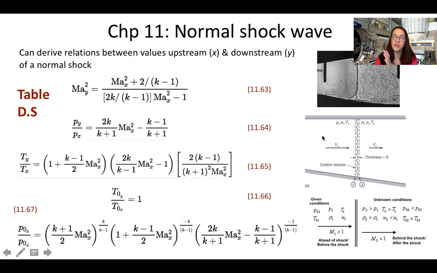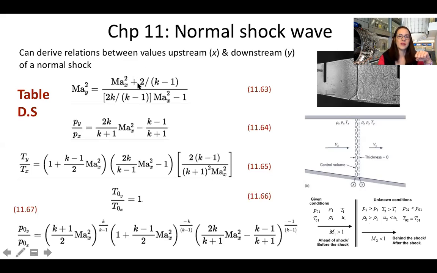The flow is left to right. So upstream to the left of the shock, we've got all of our static and stagnation properties, and they've got a subscript X. X stands for upstream. Downstream, we cross the shock, and now our downstream properties have the subscript Y.